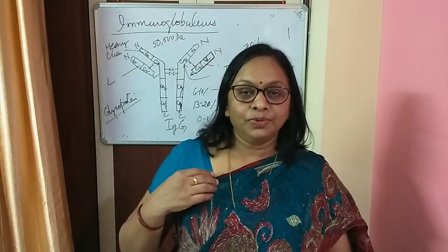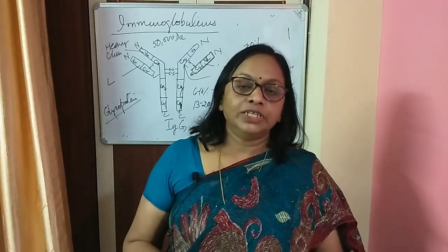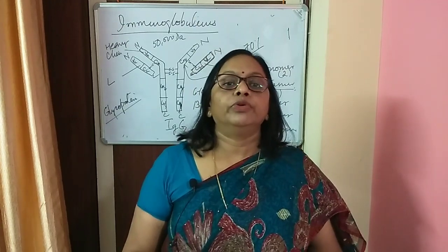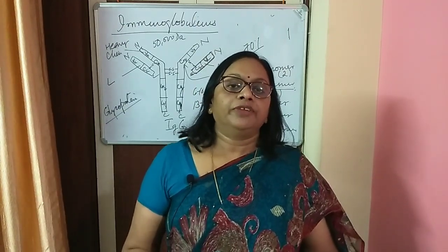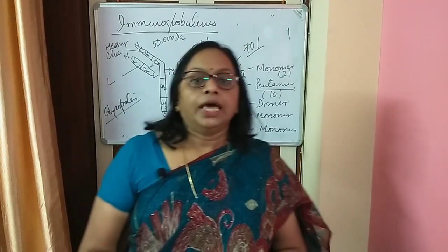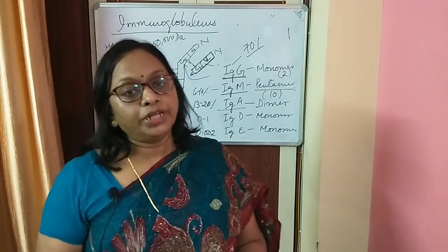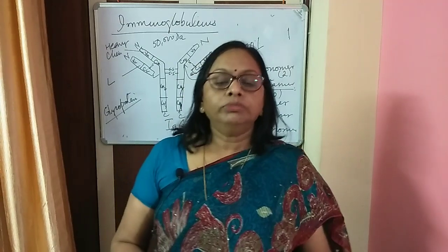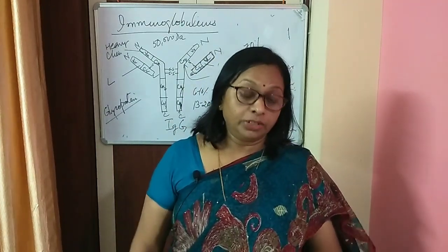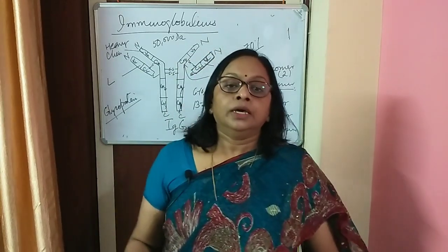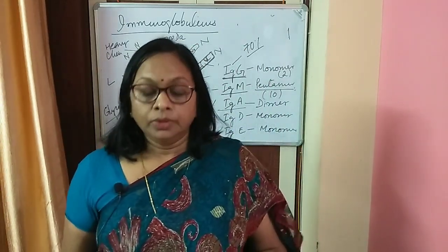Hope you got the idea of the cellular basis of immunity, what are different types of cells, how the immune response occurs, what are different types of immunity, and how different types of antibodies are formed. That is not in your syllabus because that is another detail to be taken care of.